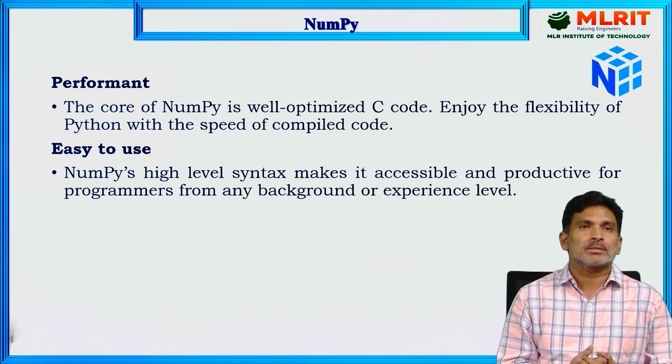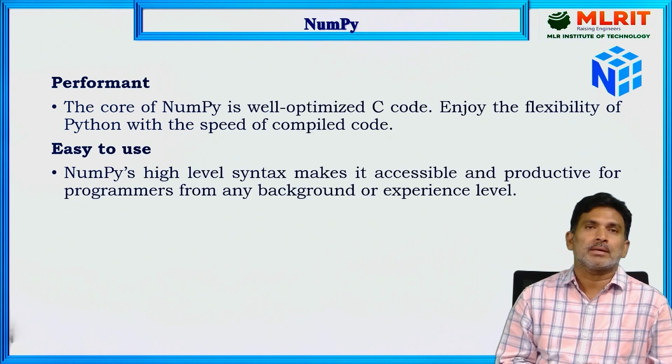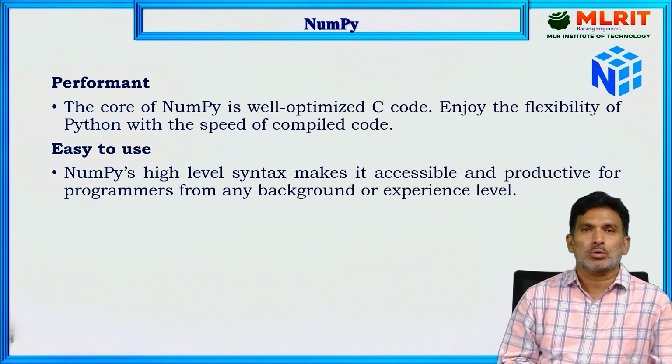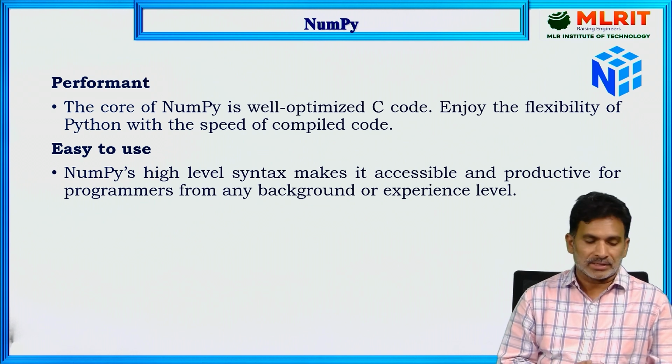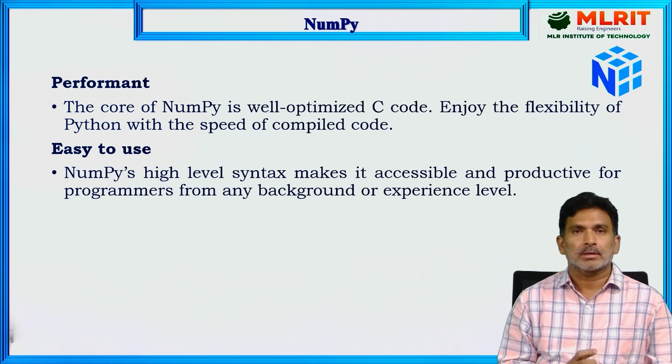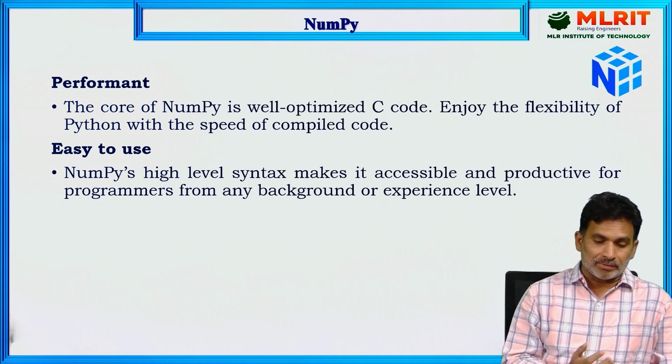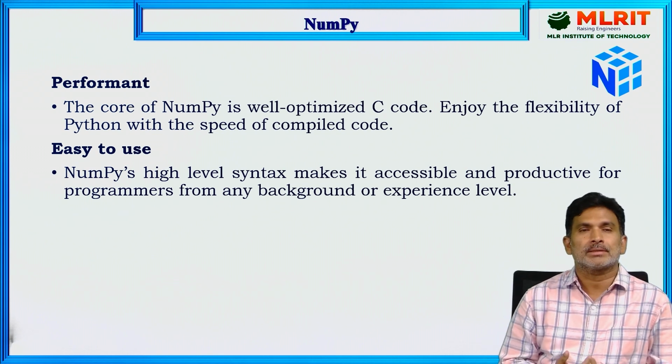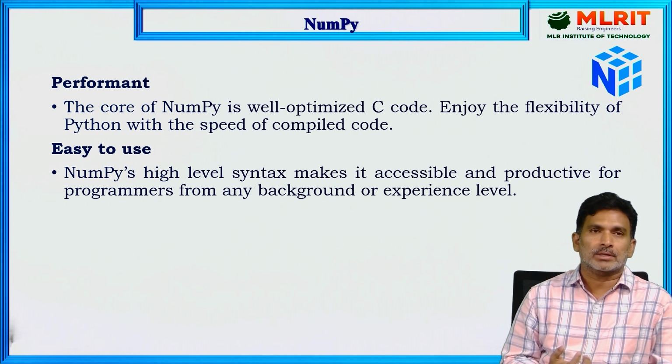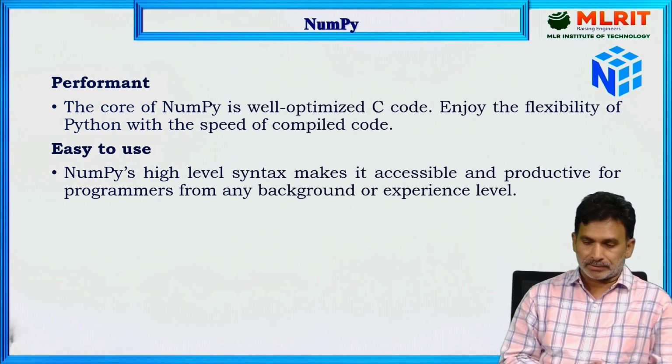From the performance point of view, the core of NumPy is well optimized C code. So we enjoy the flexibility of Python with the speed of compiled code, and it's very easy to use. NumPy's high level syntax makes it accessible and productive for programmers from any background or experience level.